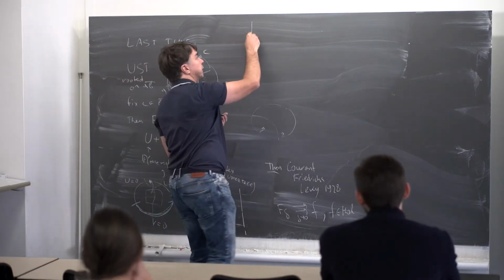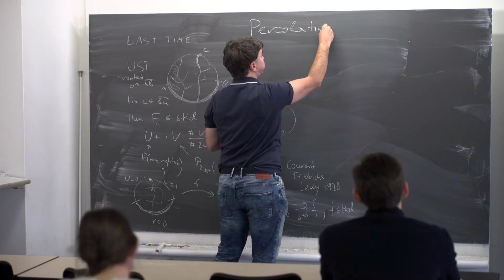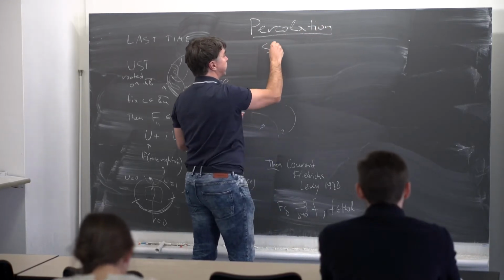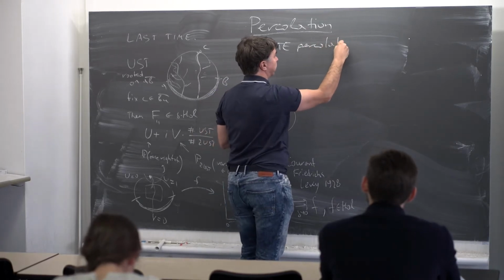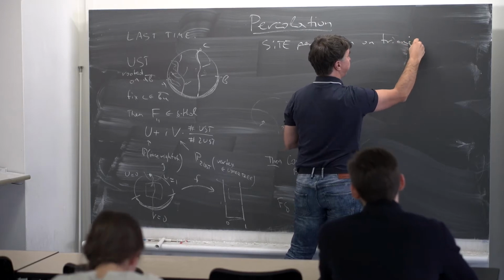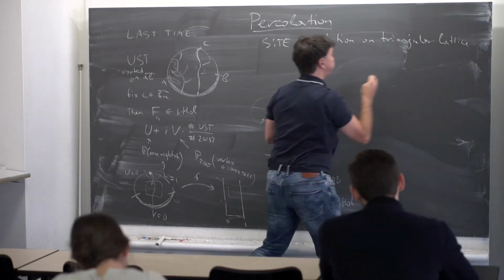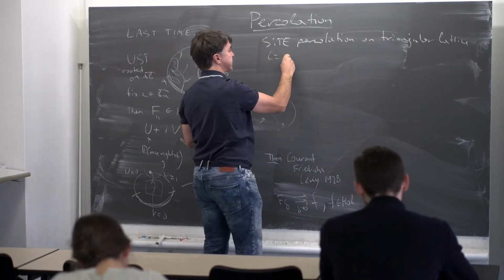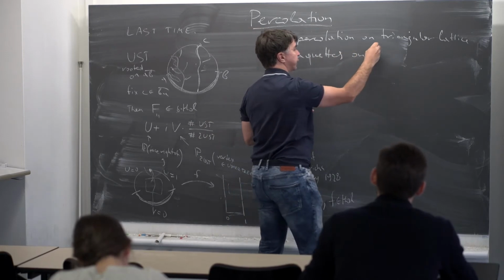So we do site percolation on the triangular lattice. So it's the same as plaquettes on the hexagonal lattice.